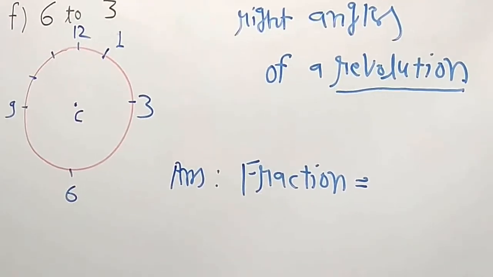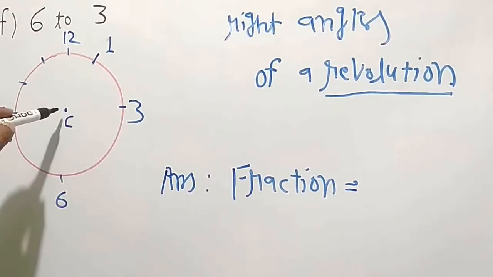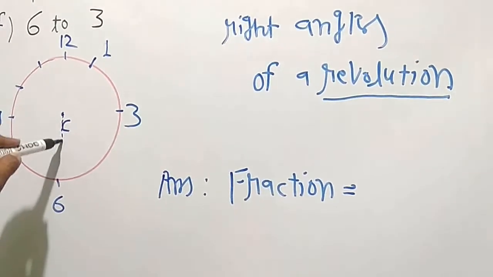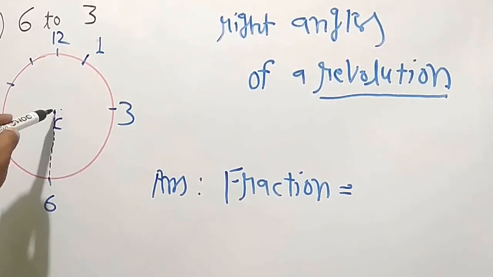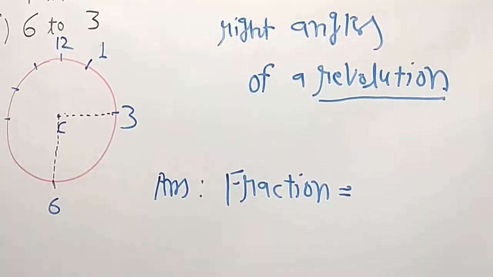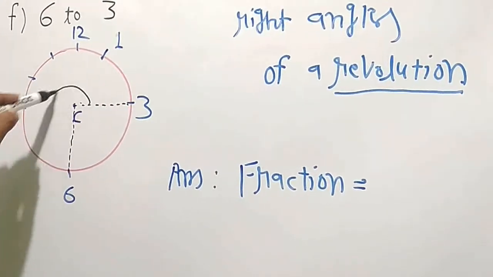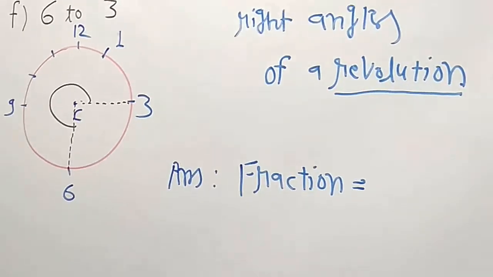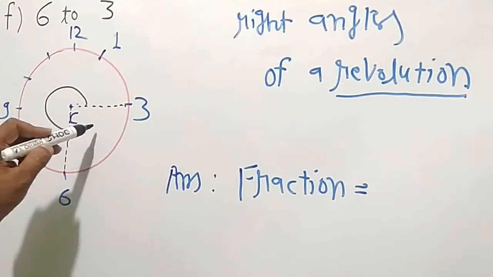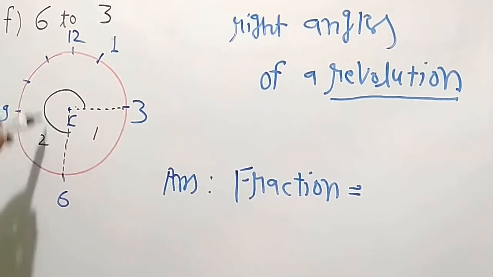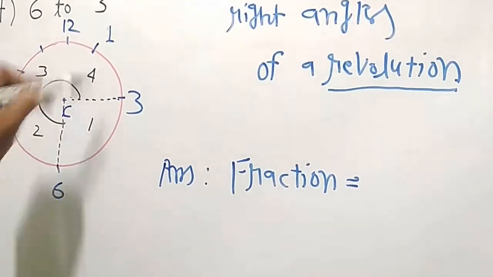6 to 3. Now we join the center with 6 and with 3, and we are talking about this angle. Again this is the 1st part, this is 2, this is 3 and this is the 4th part.